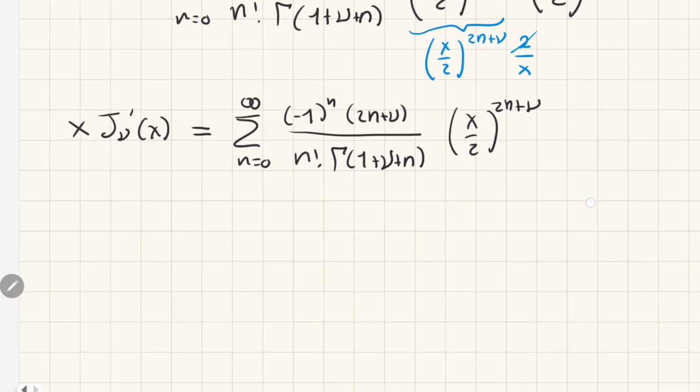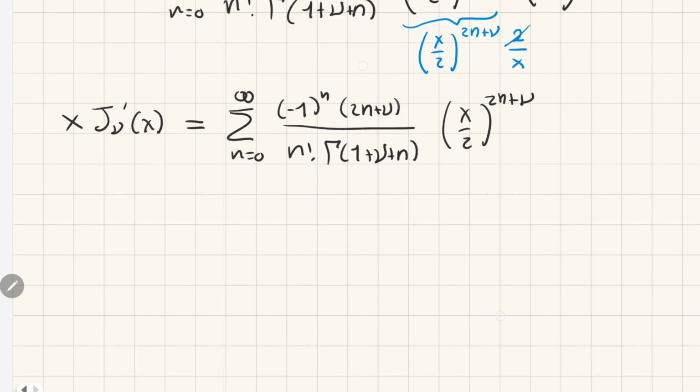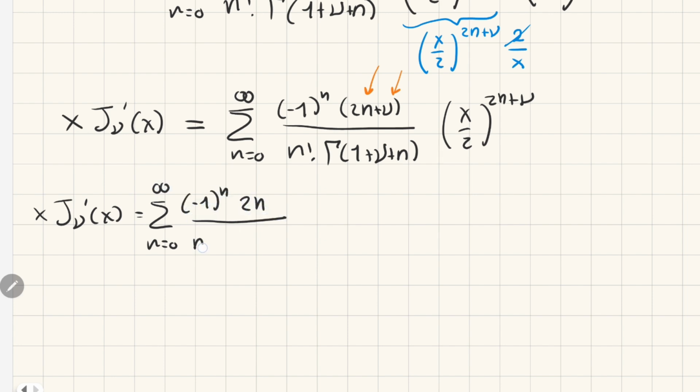Okay, perfect. So with this expression that we have here, we are going to split this sum into two pieces, right? One for this 2n and the other one for this nu, right? So we are going to get that x J sub nu prime of x is equal to the sum from n equals 0 to infinity of (minus 1) to the n, 2n, divided by n factorial gamma of 1 plus nu plus n.